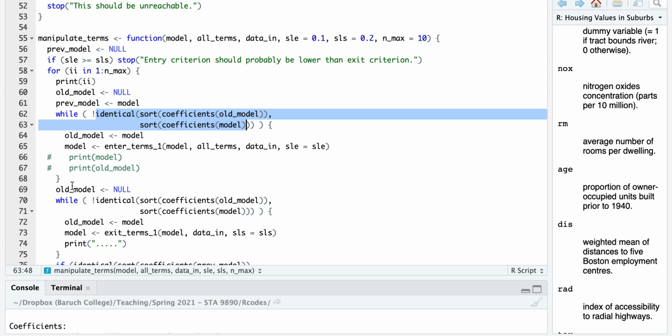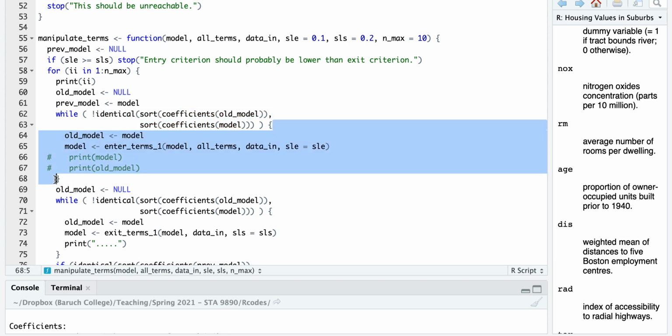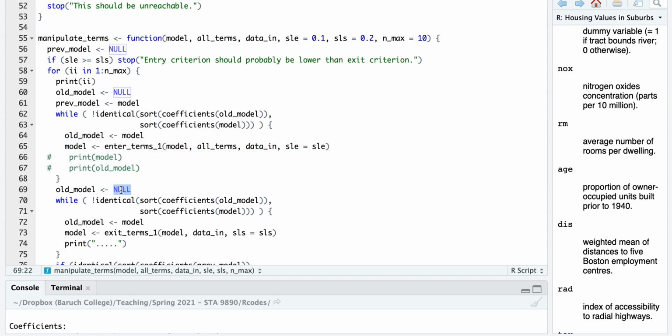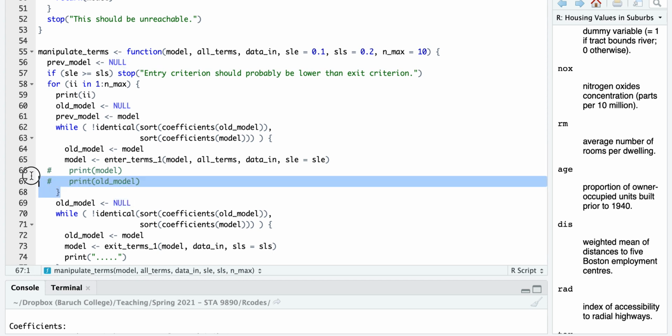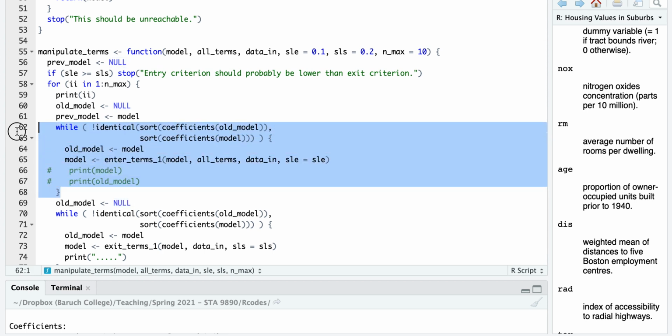At this point we won't go through this while loop again, and then we will just reset the old model. So this part is the forward selection part.